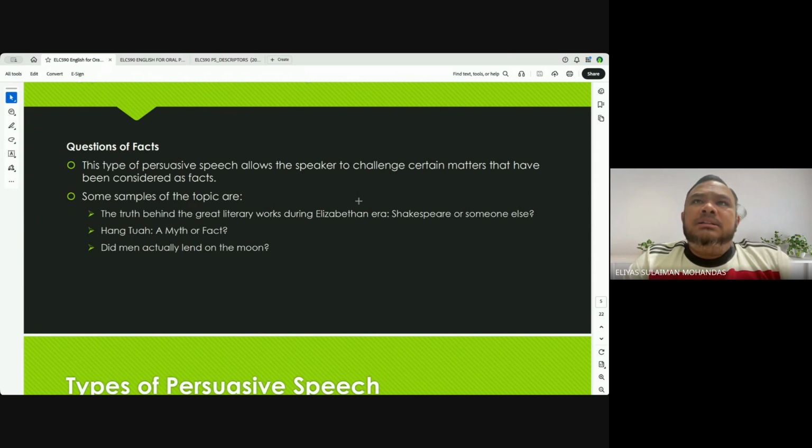Tapi there's this one group who believes that Shakespeare is actually just a character. Someone yang sebenarnya tak wujud. But it was actually the Queen Elizabeth, the first queen, not the second, the recently died tu bukan. Queen Elizabeth the First has this passion in literary writings.